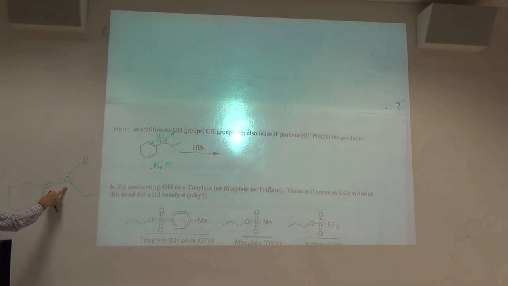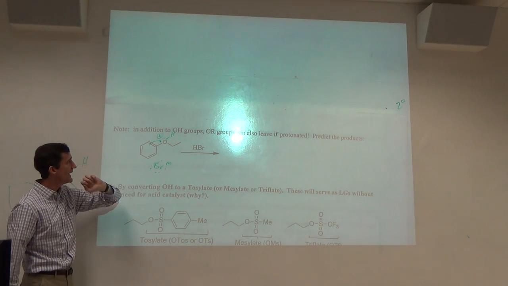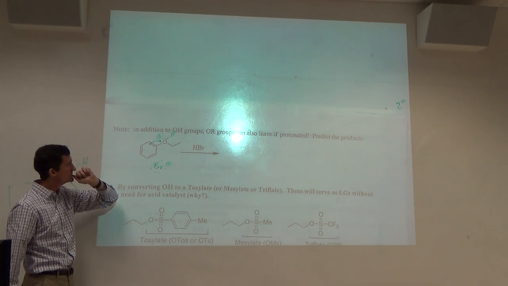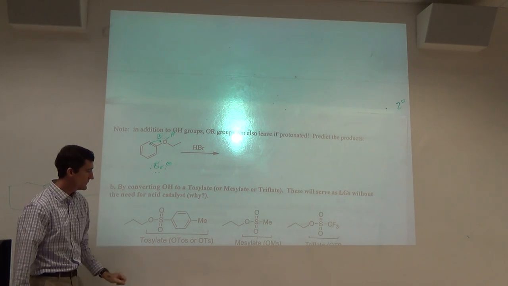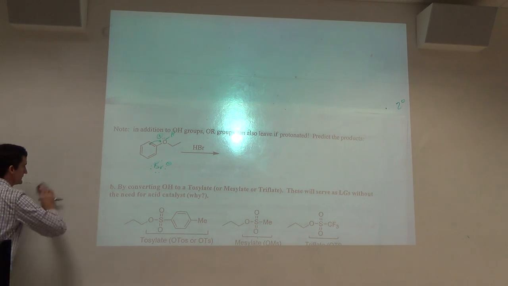How many electrons do you have around oxygen? 10. Nobel Prize. This oxygen does not have a p orbital. No, it actually does, but you can't move electrons that way. You can't have 10 electrons.